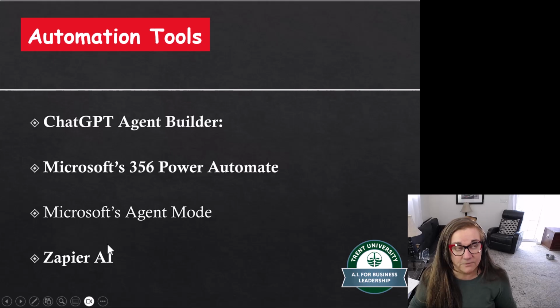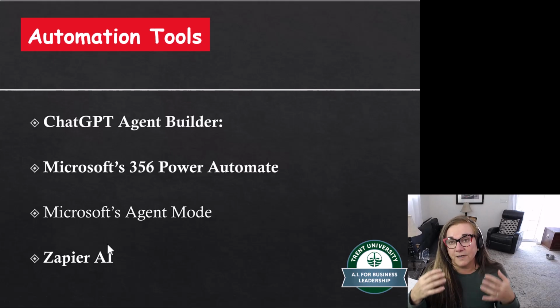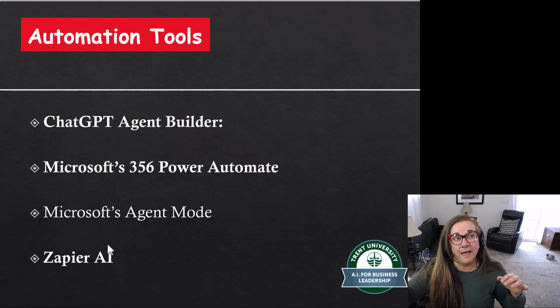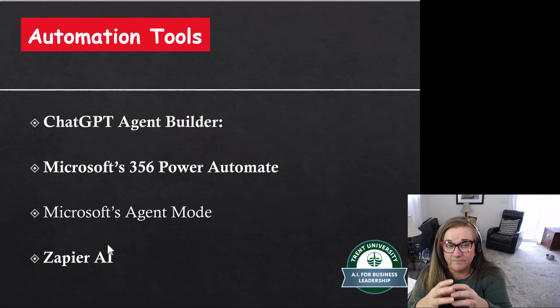Okay, and then there's of course Zapier, which helps with different workflows. And we're trying not to get technical in this class. Zapier requires a workflow and attaching various different apps to it. So say you don't want to be within the same ecosystem anymore.